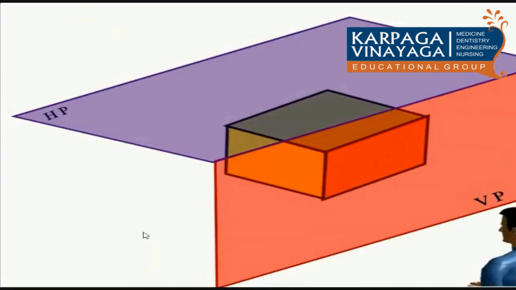The invisible plane is HP, the top view, and it is rotated clockwise 90 degrees. After rotating, when viewing again from the front, both planes are visible. The front view lies below the reference plane VP. The top view lies above the reference plane HP.